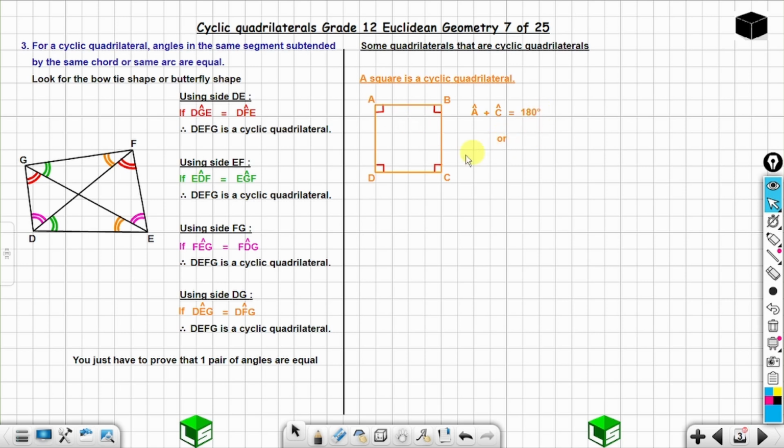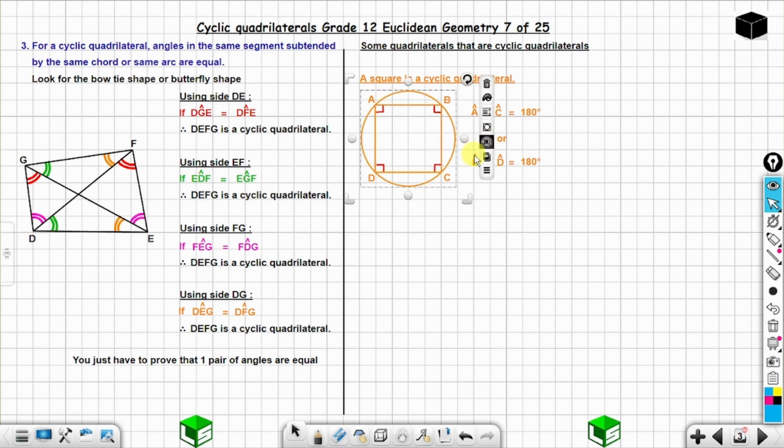Or you can use this angle plus this angle because they are also opposite angles. Angle B plus angle D is equal to 180 degrees. So, a square is a cyclic quadrilateral. It means a circle can be drawn around this square in such a way that all four corners are going to be touched.